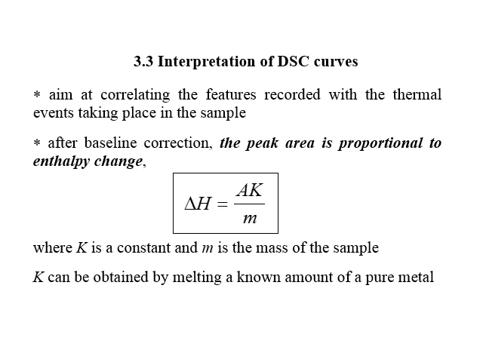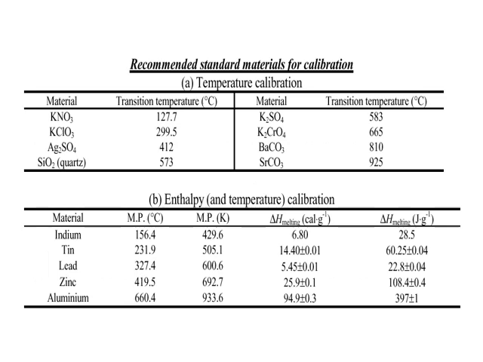That constant can be obtained by melting a known amount of a pure metal. And then here's just a list of recommended standard materials for calibrating a DSC, and you can go through and look at these. In my lab, I actually use indium as a calibration metal. My DSC only goes up to 400 degrees because most of my customers are pharmaceutical customers. DSCs do go to higher temp, but for my application, indium's a good use.